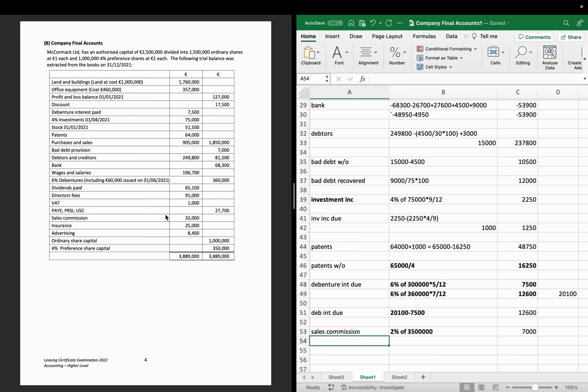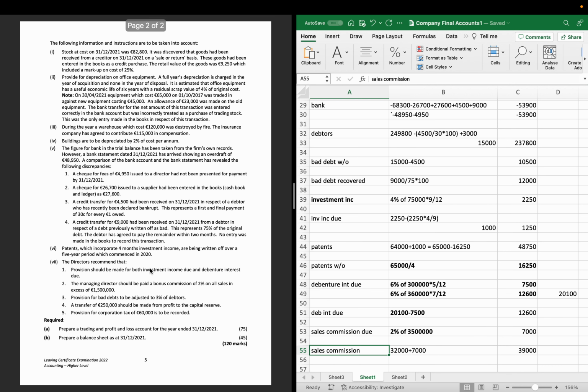Now there already is a commission of 32,000, so we'll add that on. So it's debit side, so it means it's an expense. So 32,000 plus 7,000 will bring up to 39,000, and that 7,000 then will be sales commission due. You haven't paid it yet, so you have to add it on. Okay, so anytime you're providing, there's a due involved.